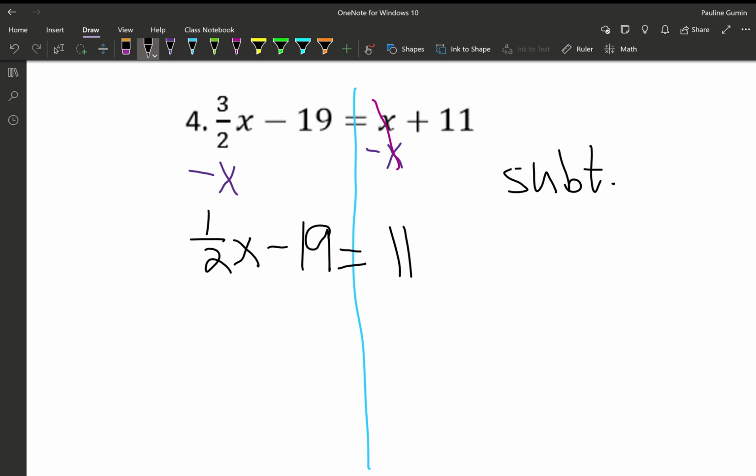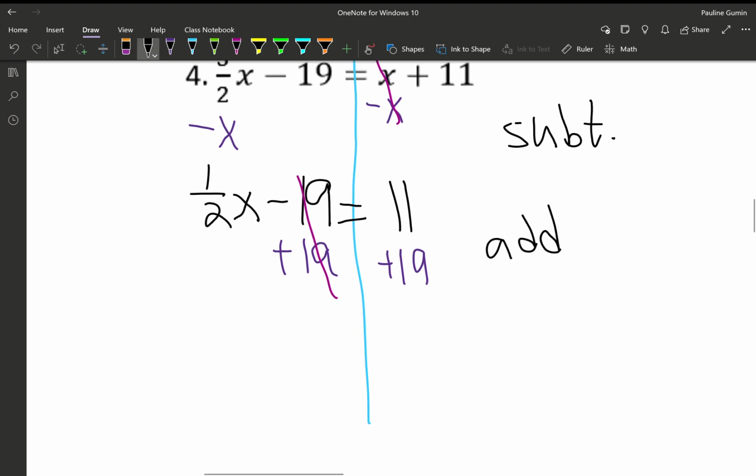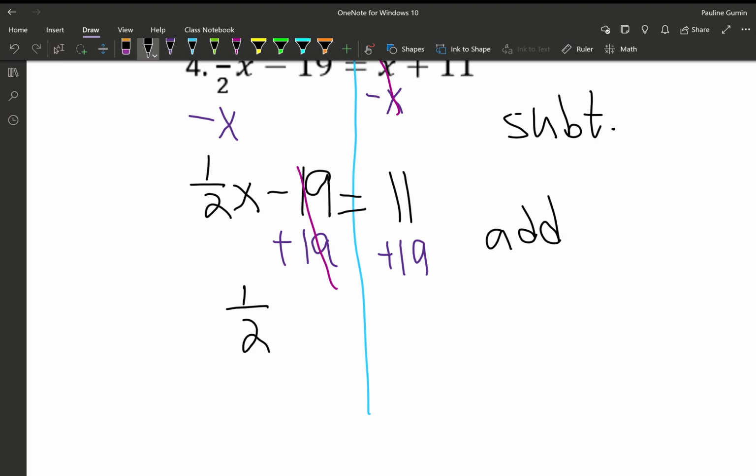My next step is going to be to take that 19 and bring it over to the other side. And I'm going to do that with addition. On the left, I have 1/2 x. On the right, 30. Now, 1/2, as I mentioned before, is a division problem.